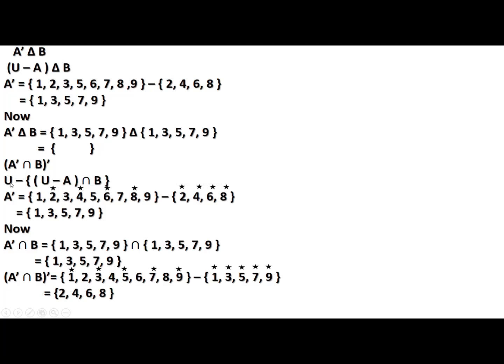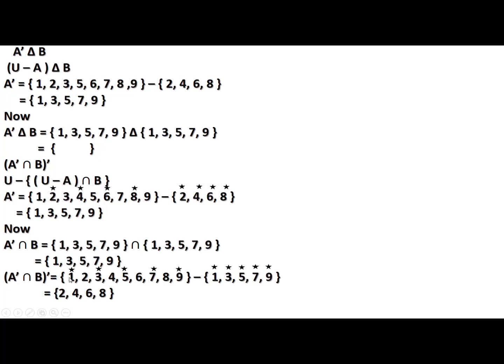Now outside there is written a complement sign that stands for U difference. So now we'll write first the U elements 1, 2, 3, 4, 5, 6, 7, 8, 9, and then write the difference sign, and then A complement intersection B. We already got the answer. And what answer is that? 1, 3, 5, 7, 9. We'll write it over here.